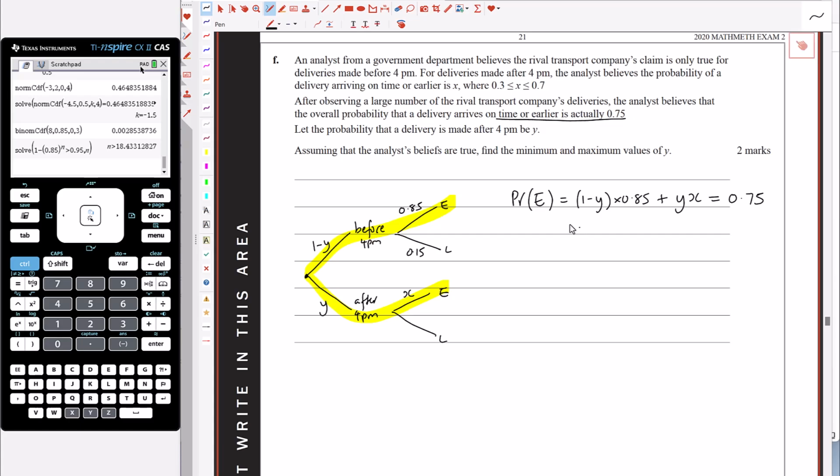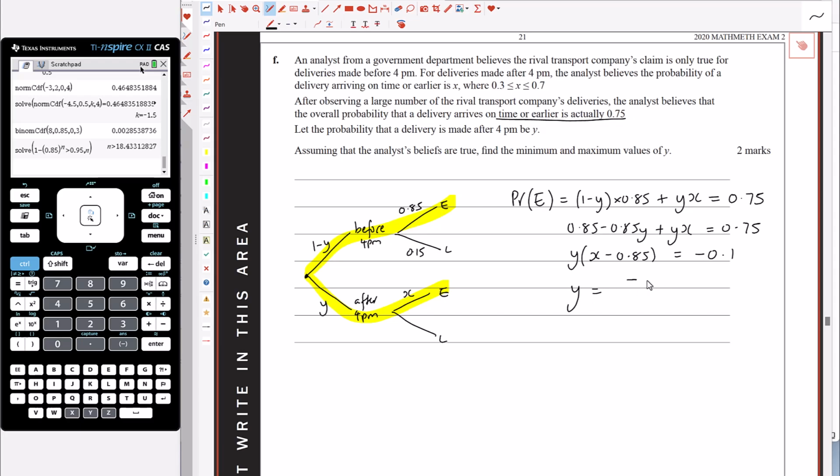So that's going to be 0.85 minus 0.85y plus y times x equals 0.75. I'm going to take away that 0.85, and factor y out of these other terms. So I'm going to have y times (x minus 0.85), and then I'm subtracting that 0.85, so it's negative 0.1.